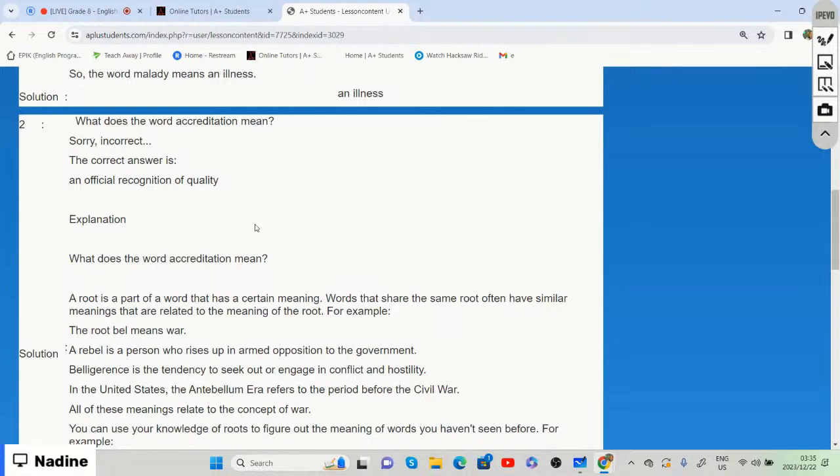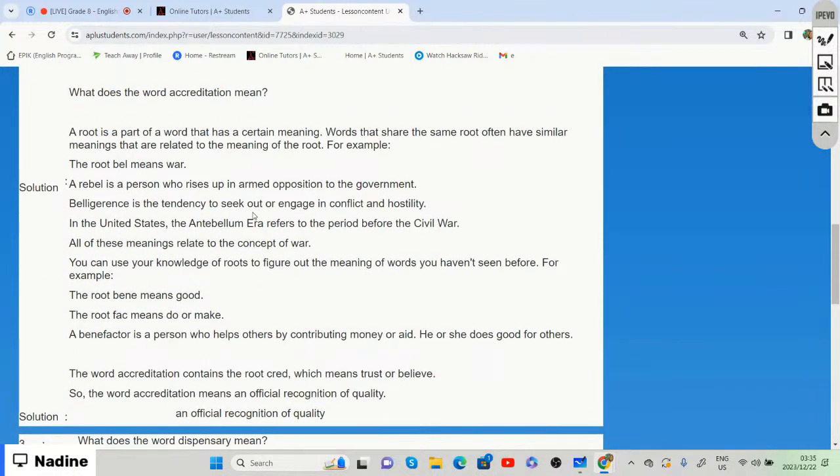And that is why we're saying cred means to trust or believe, which means that it's an official recognition of quality, somebody or something that can be trustworthy. And that is what accreditation means.